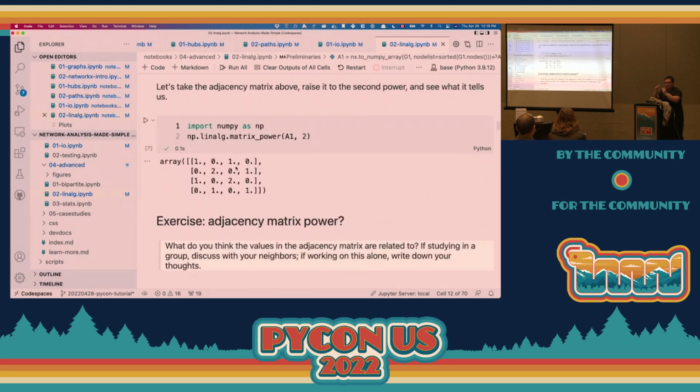If I take the second matrix power, so raise it to the matrix power 2, here's what we get. You get a diagonal of 1, 2, 2, 1, and then one off diagonal of zeros, and then a two off diagonal of ones, and then zeros at the corners. So what's the interpretation?